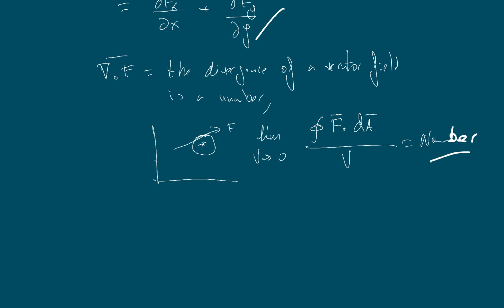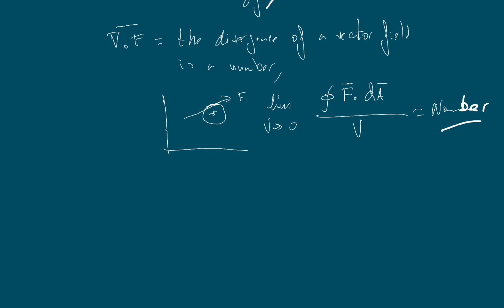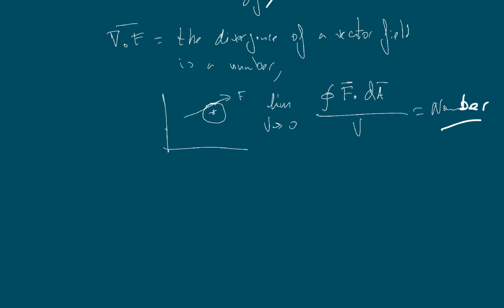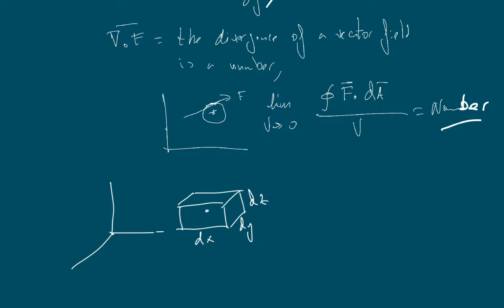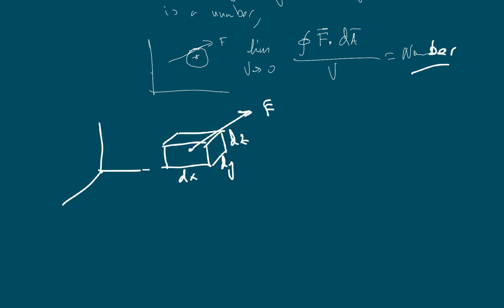And now it takes the work to find it. Let's say that we choose a small volume, dx, dy, dz. We have a vector field here, let's say F, and we want to find the divergence.